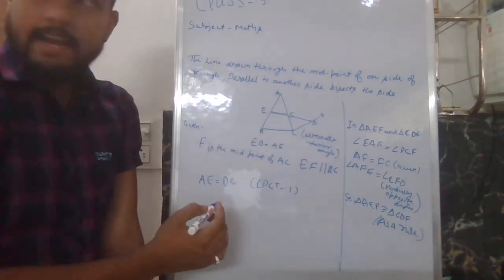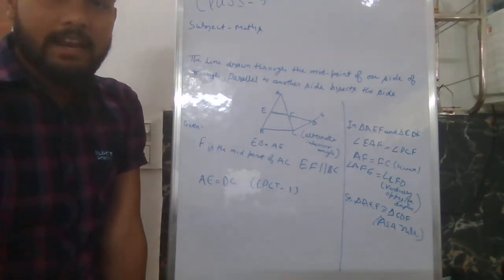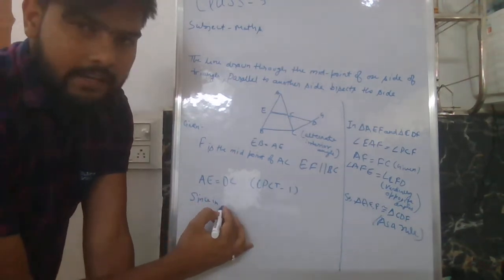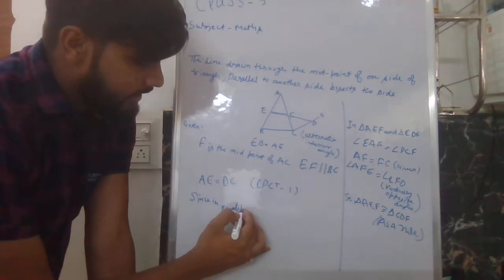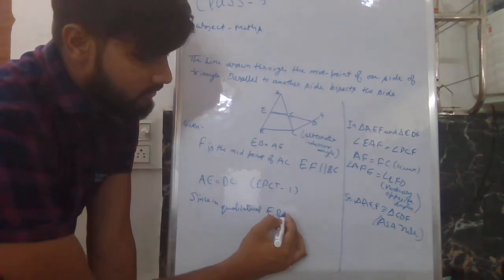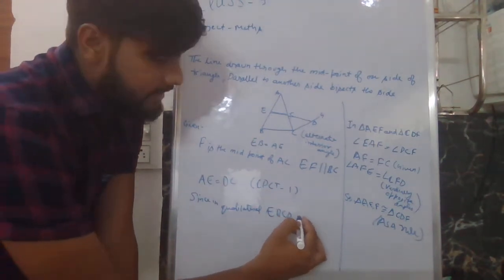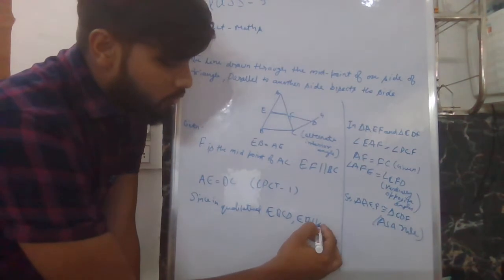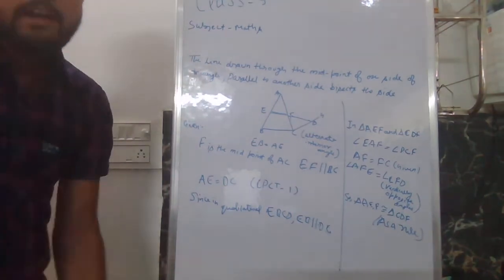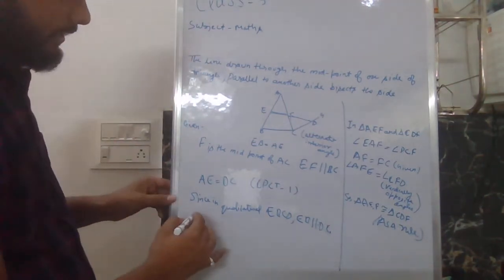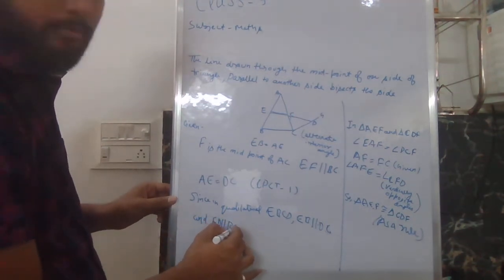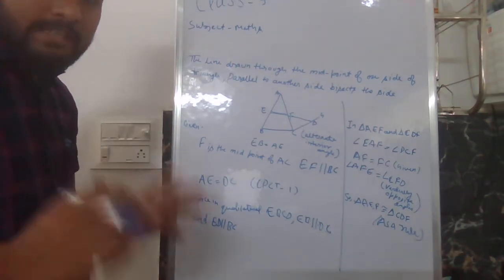Since in quadrilateral EBCD, EB is parallel to DC and ED is parallel to BC, so we can say that EBCD is a parallelogram.